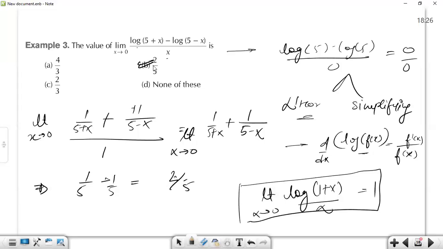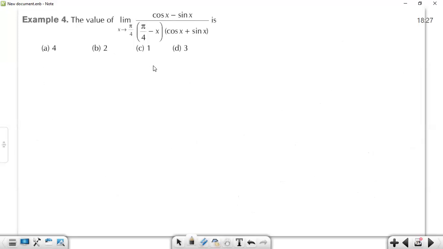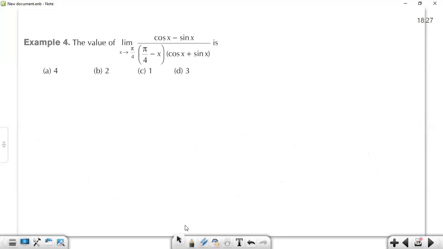Yes, sir. Okay, so we have used L'Hospital rule here. Similarly, this question can also be solved using L'Hospital rule or by simplifying this function. So let us solve this question using L'Hospital rule. First, let us check if L'Hospital rule is applicable or not.